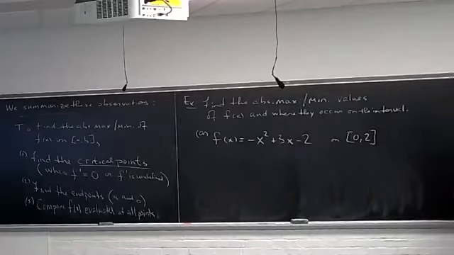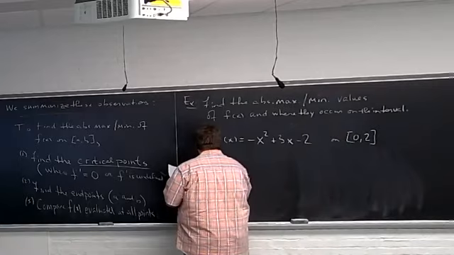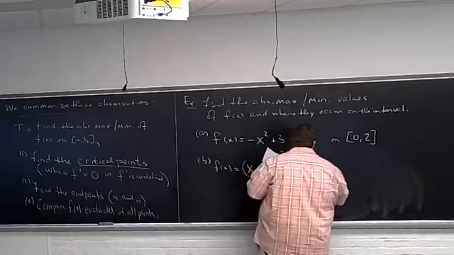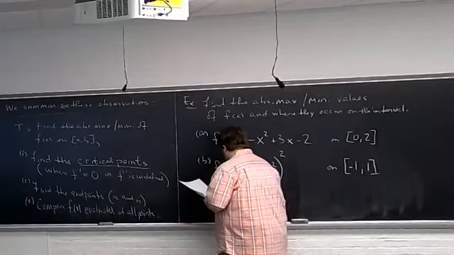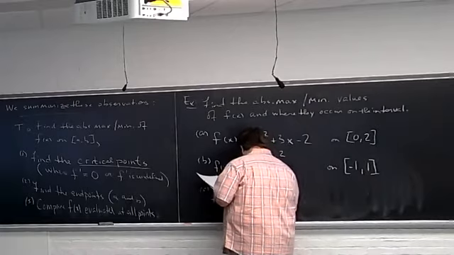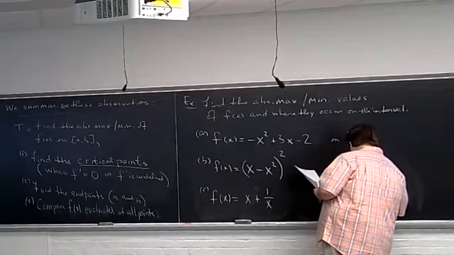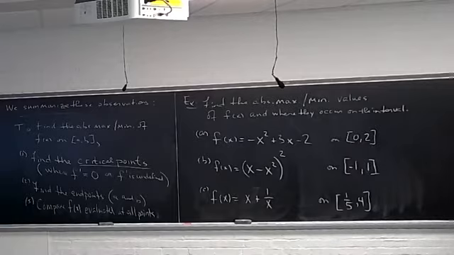And let's do this one. b, f of x is (x minus x squared) all squared on negative 1 to 1. c, f of x equals 1 over x plus 1 over x. So we have three functions here.